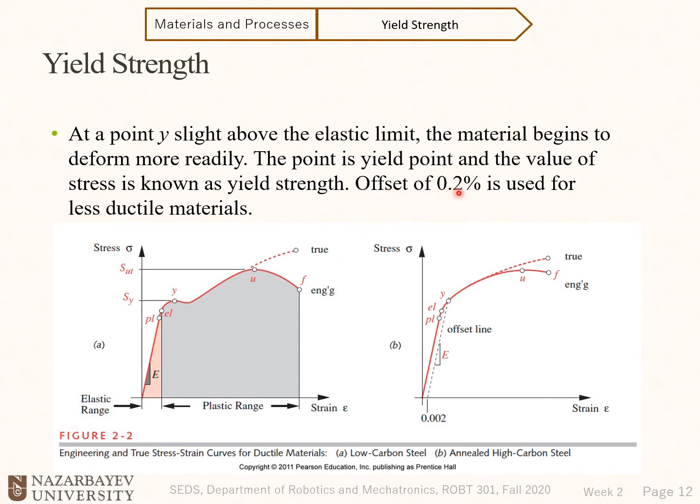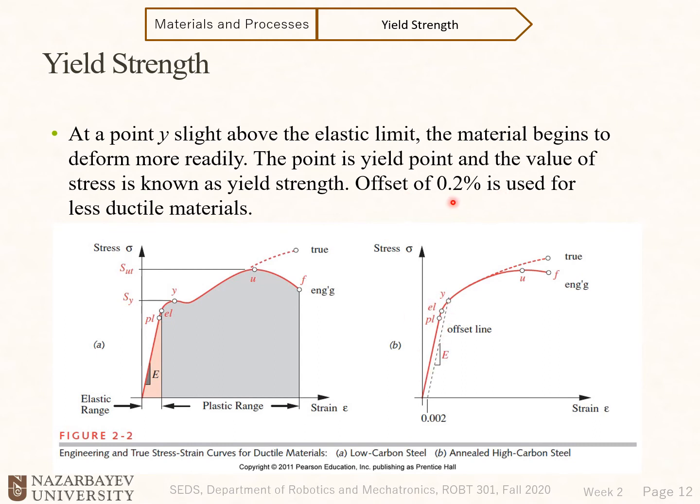An offset of 0.2% is used for less ductile materials. So this is the less ductile material, annealed high carbon steel, I'm sorry. So this is basically a less ductile material. We don't see the local maximum here. So how could we extract the yield strength?